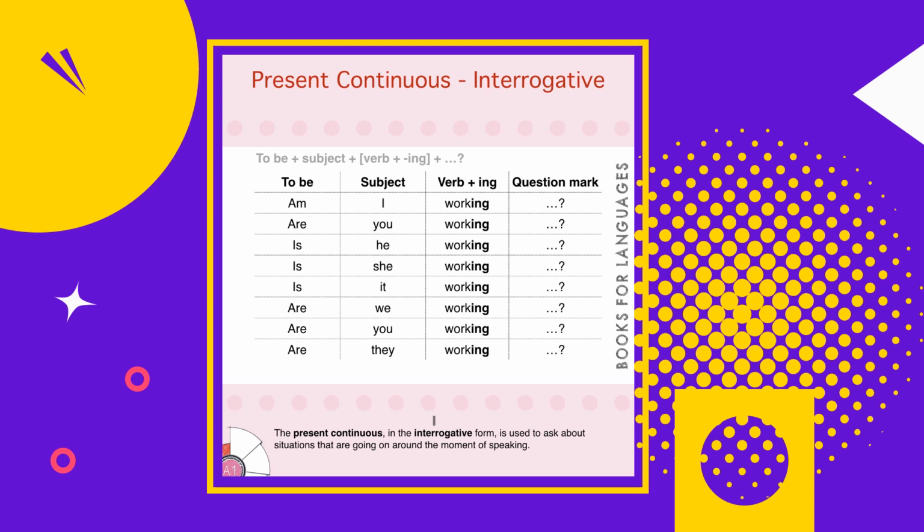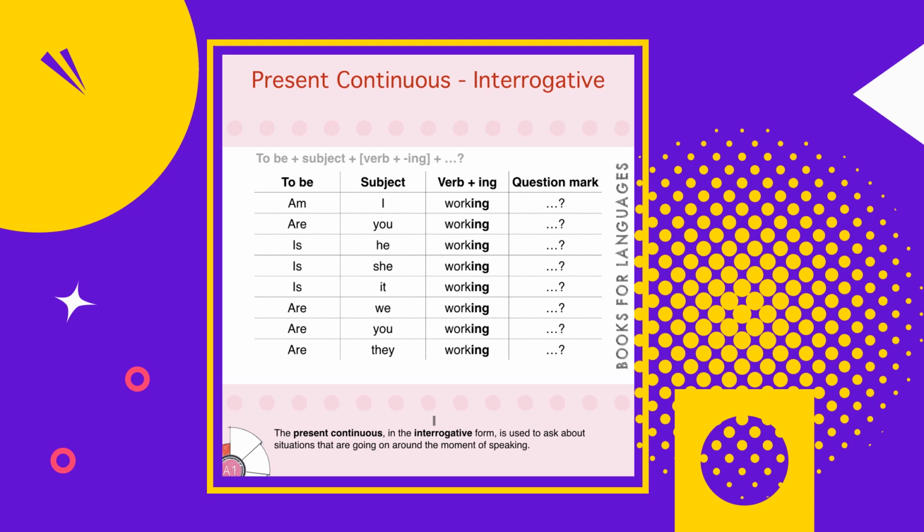The present continuous of any verb is composed of two parts, that is, the present tense of the verb to be plus the present participle of the main verb, which means the base plus ing. As I said, sleep plus ing, go plus ing, and so on.